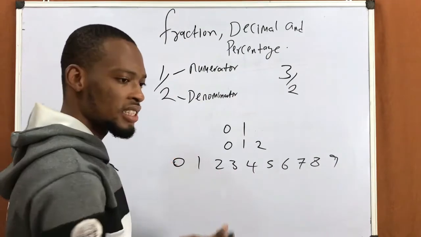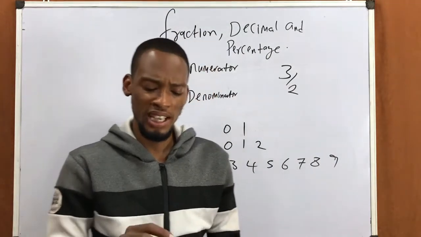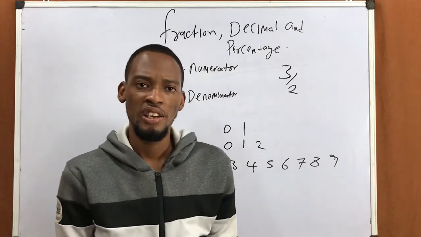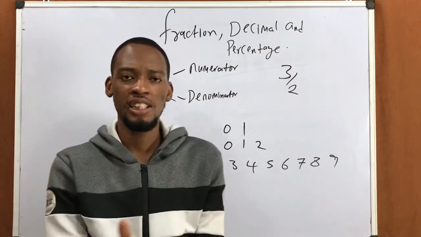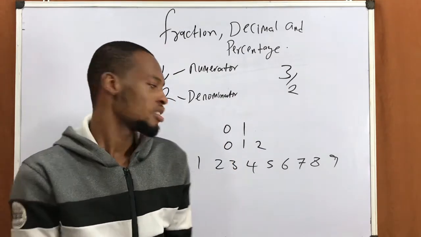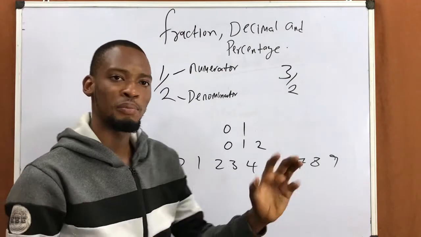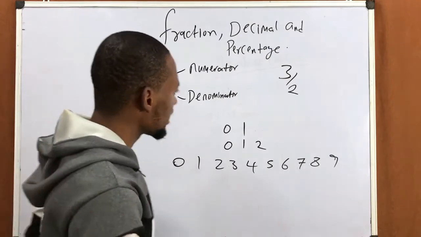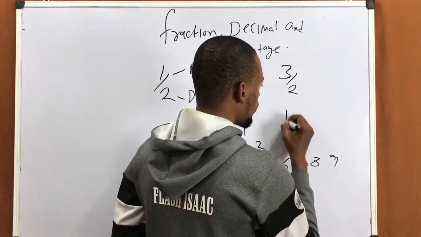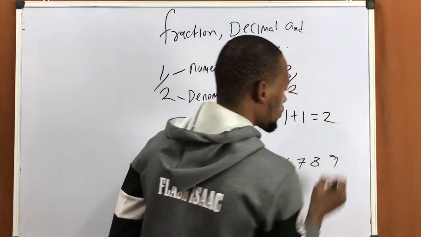So this is base 10. And in our day-to-day life, we count in base 10. You say 50,000, 70,000, 80,000 naira. So these are numbers in base 10. There are other number systems like base 2. In base 10, 1 plus 1 equals 2.